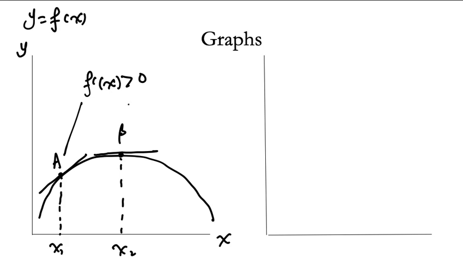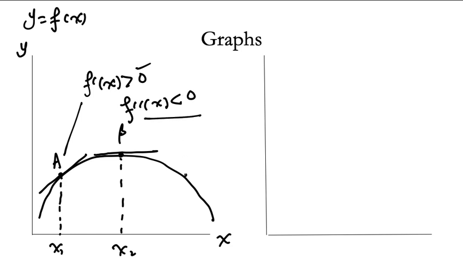And when it is concave, that means f double prime x is negative. This second derivative, like I mentioned just now, measures the rate of change of the first derivative. The first derivative at point A is increasing but at decreasing rate.